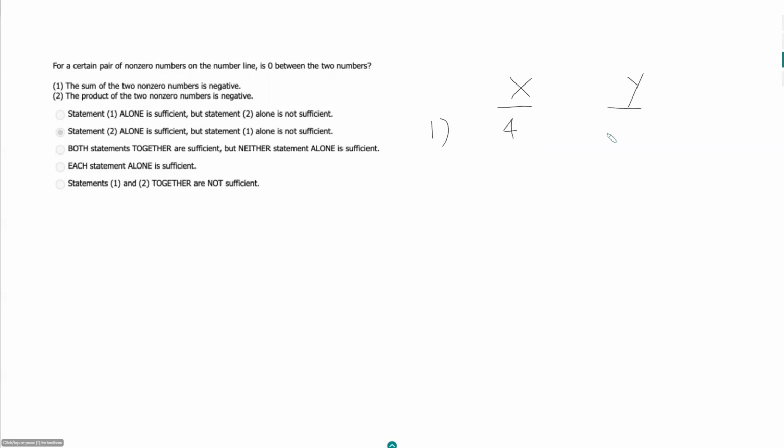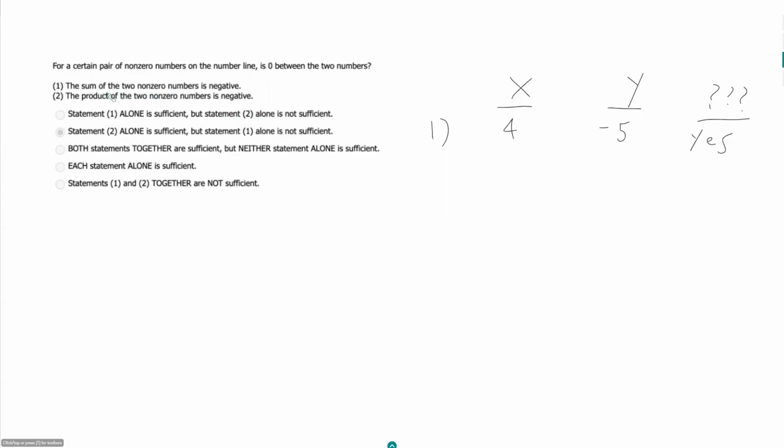Now to get a negative from that, what do we have to add? A negative number, not just a negative number, but a negative number of bigger magnitude, further from 0 than 4. So 4 plus negative 5, for example, would give you negative 1. And so here, x and y have different signs.